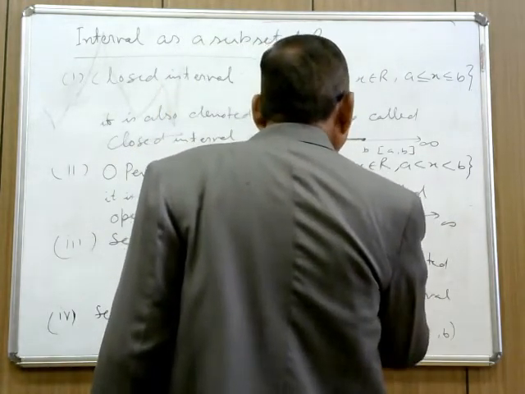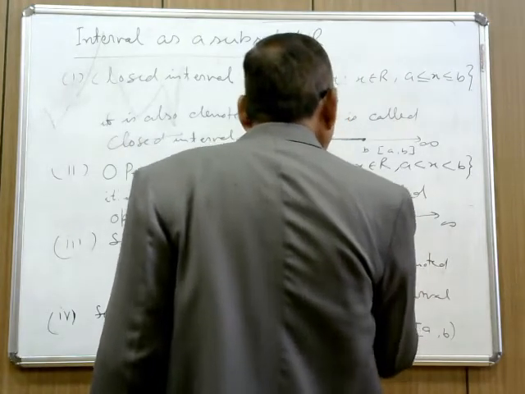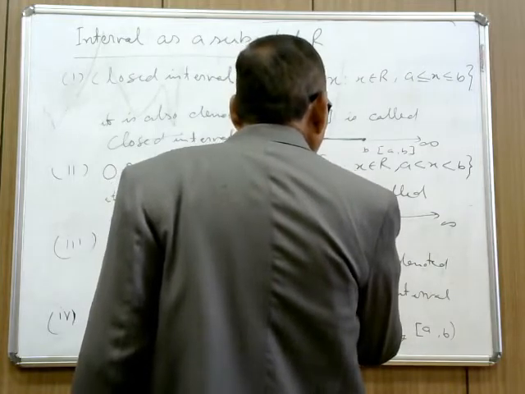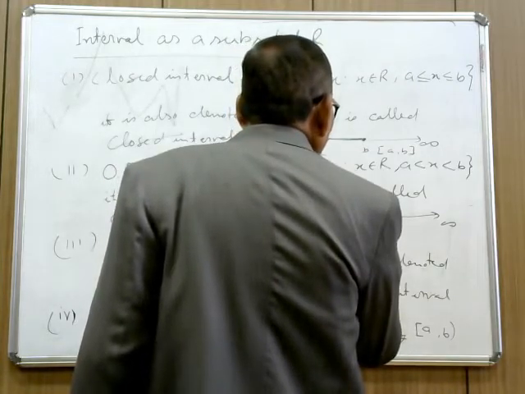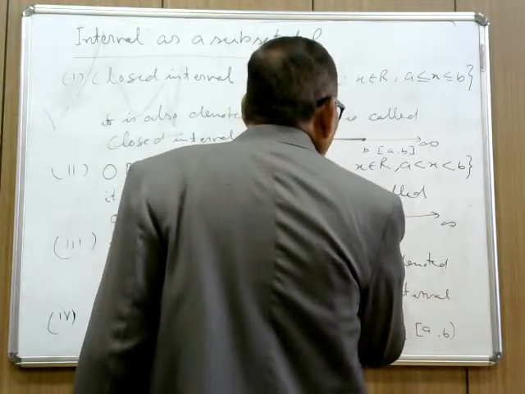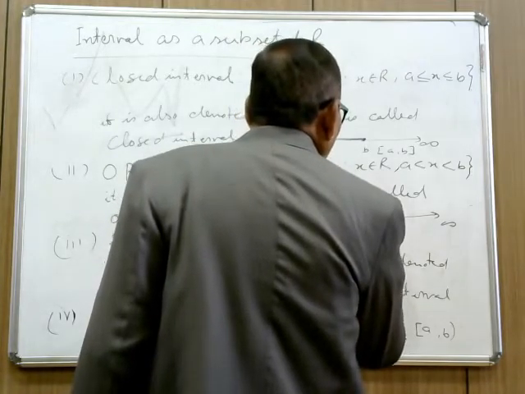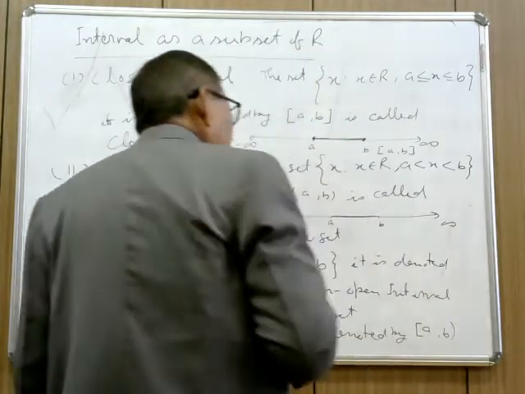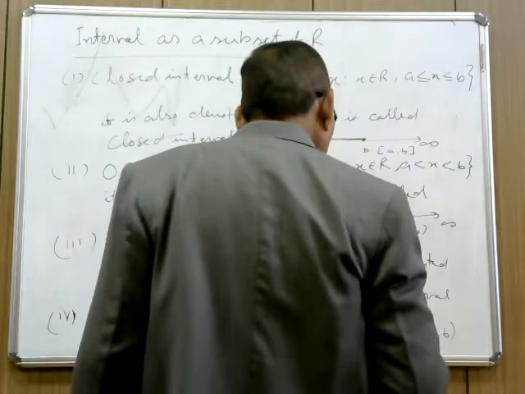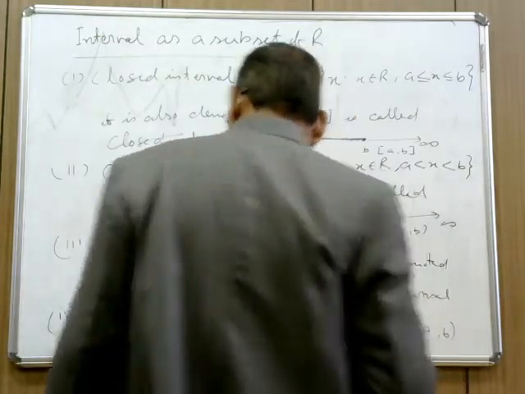A and B, put them on this line. A and B are not included, so you leave them and make shaded line between A and B. This is the open interval AB, and third one semi-open.